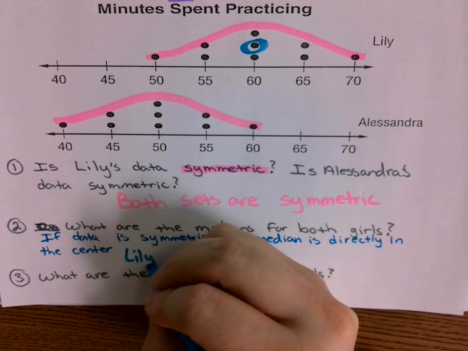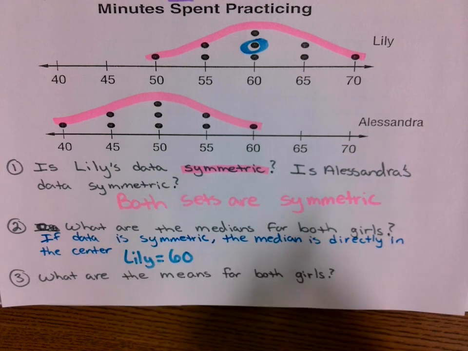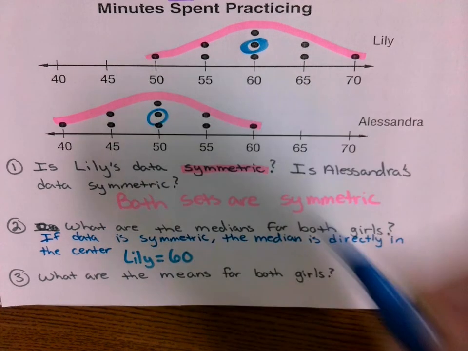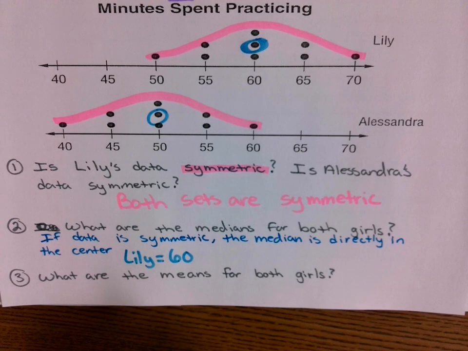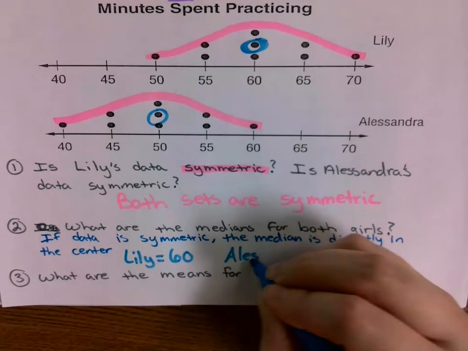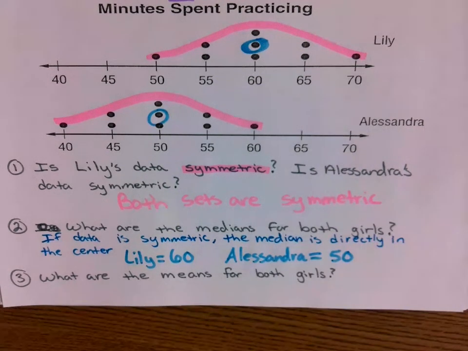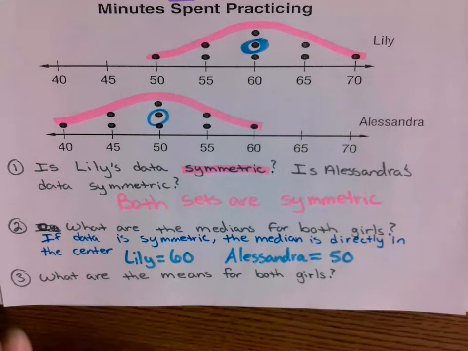What is Alessandra's median going to be? 50. Her direct center is going to be at 50. So Alessandra is going to be equal to 50. And then as I stated before, again, if the data set is symmetric, then the mean is equal to the median.